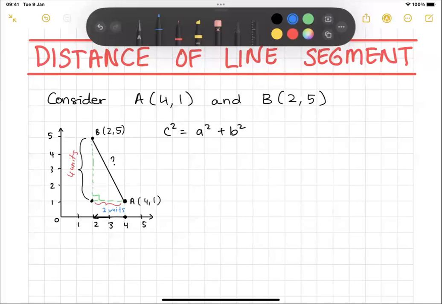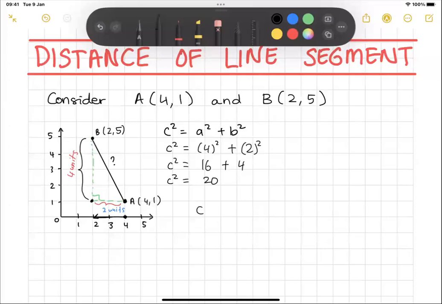Well, let's put that in now. I know my a and my b, so let's substitute. My c squared will equal 4 squared plus 2 squared. That will be 16 plus 4, which equals 20. So c squared equals 20.